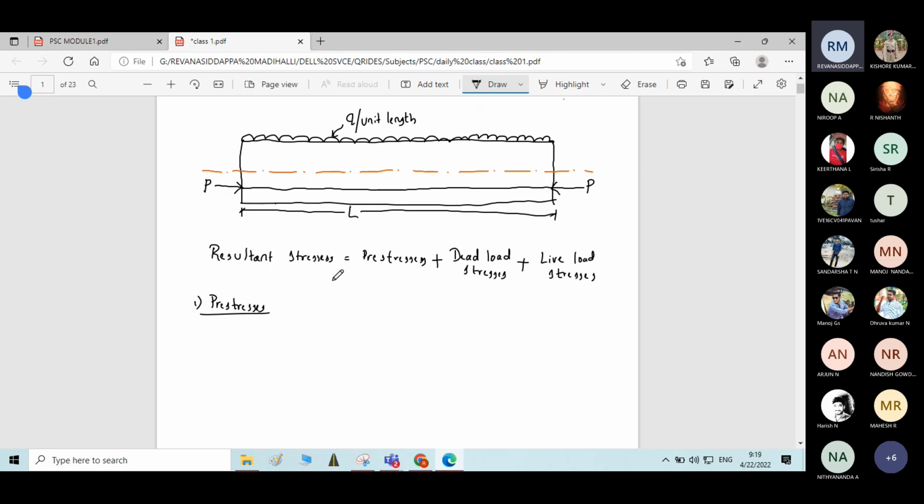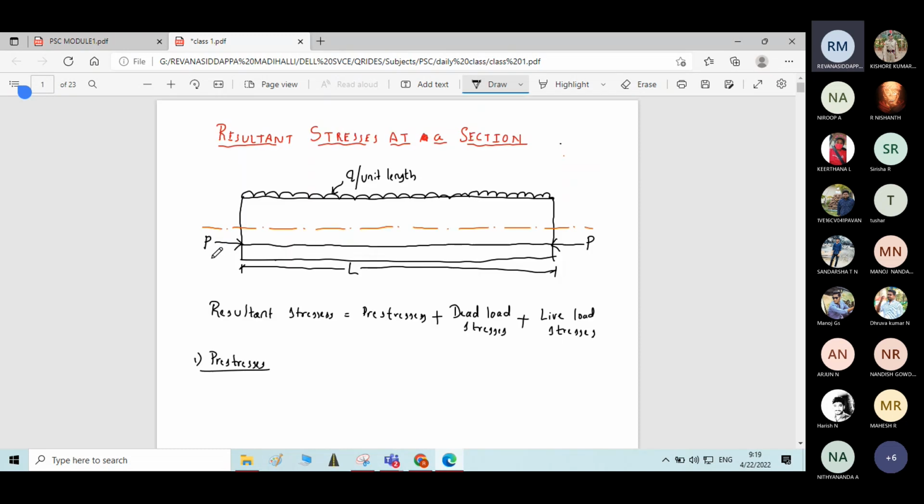Now here we can see the pre-stressing force is acting at an eccentricity e from the neutral axis or the central axis of the beam.